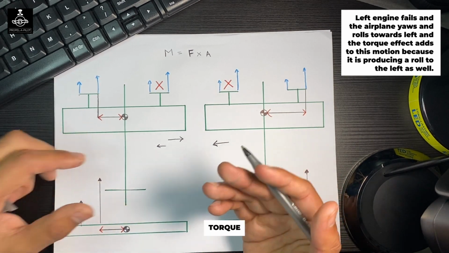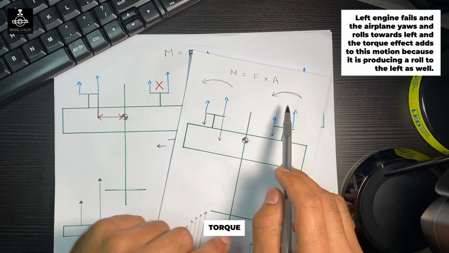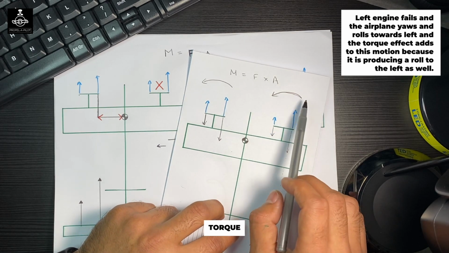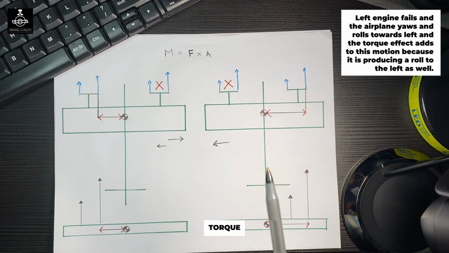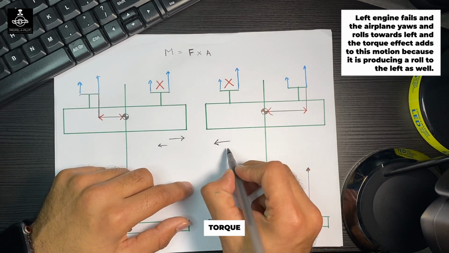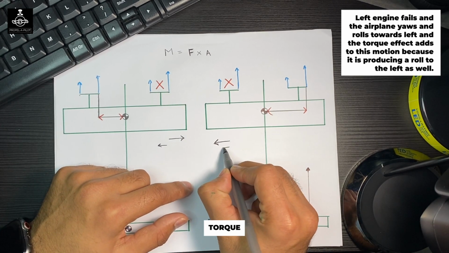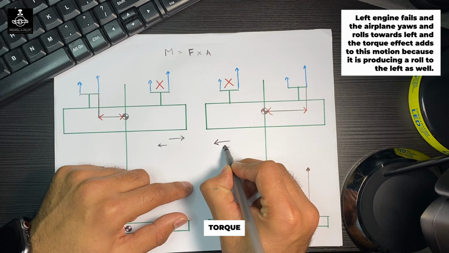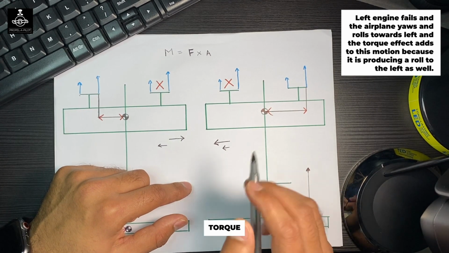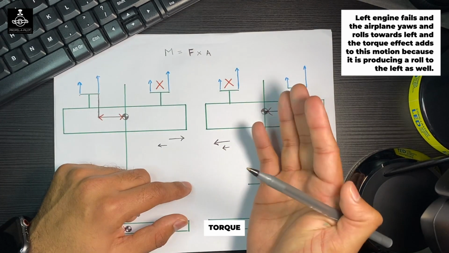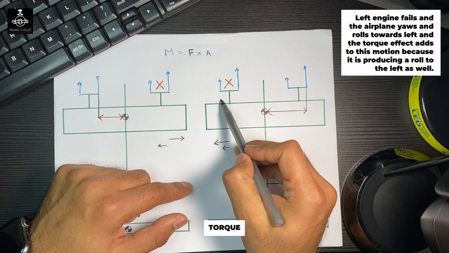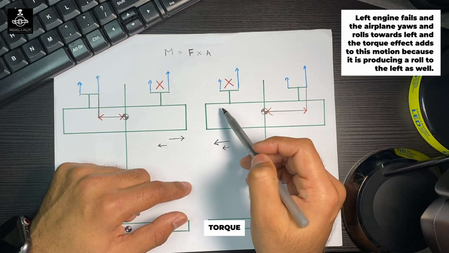Left. We just saw that both the engines produce a roll to the left. So the torque effect is also going to add up to that existing yaw and roll, which means again, based on torque, having the left engine is better than losing it.